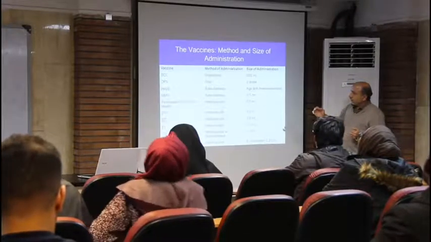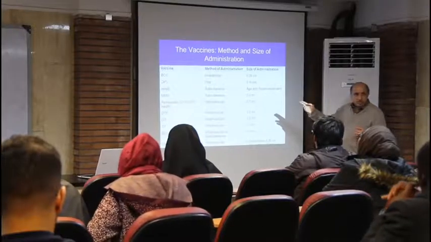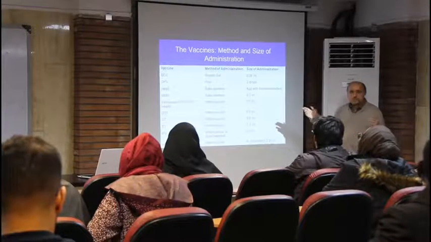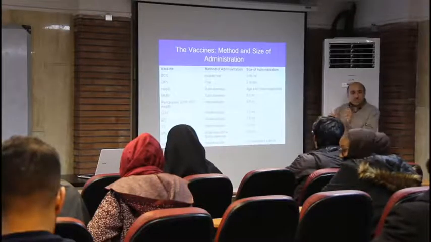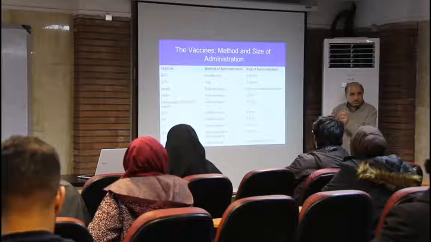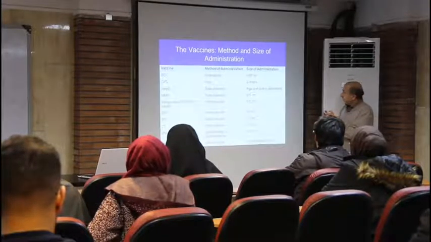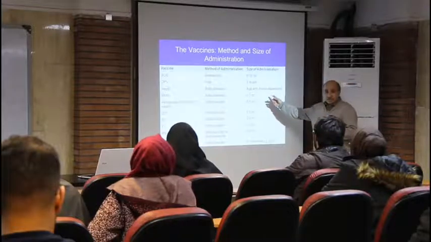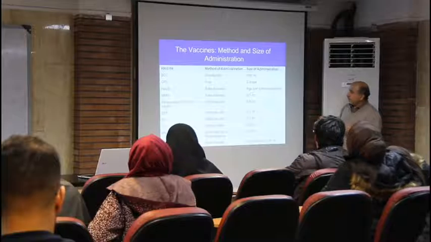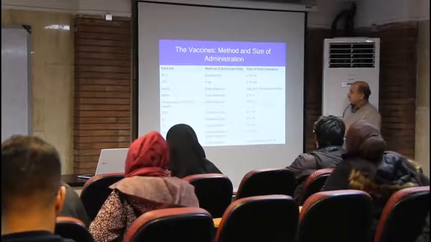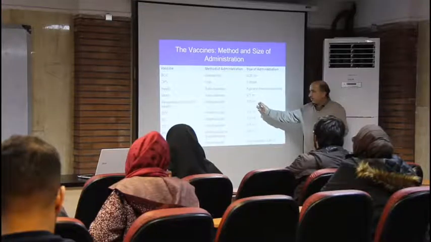For HepB, we have subcutaneous. Do you know the subcutaneous method? Great. And of course, the size of administration differs, based on age and illness. For MMR, it's subcutaneous, and 0.5 ml.